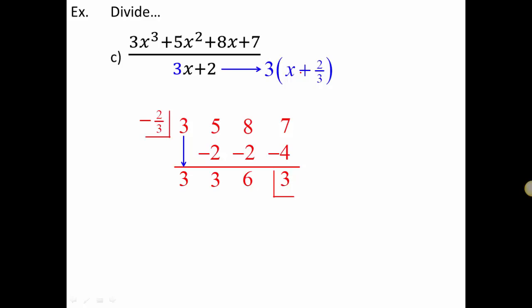In this case, though, recognize that negative 2/3 didn't come from the 3x plus 2. It really came from just this guy, the x plus 2/3. So when I divided out that negative 2/3, what I really did is I divided out this factor x plus 2/3. Notice what's still there on the bottom. We still have a 3 that we have yet to divide.